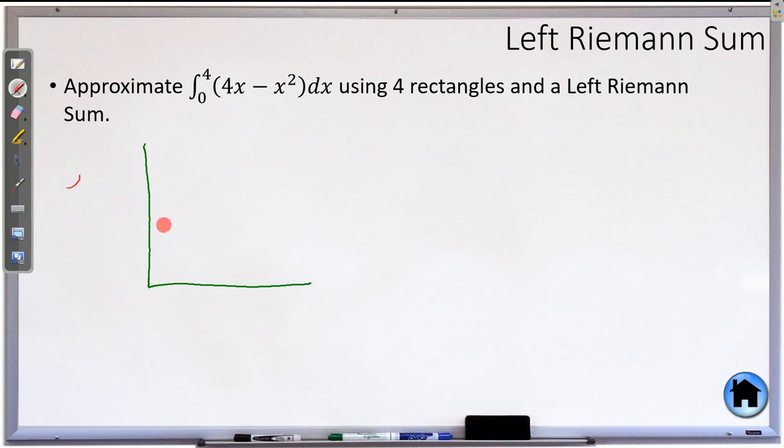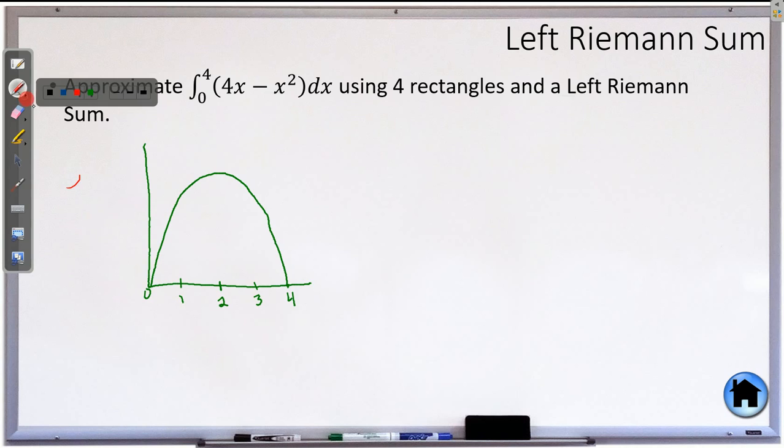So 4x minus x squared looks something like this. All right, and we're going to be going from 0, and it crosses the x-axis again at 4. 2 is, of course, in the middle at the very top, and you have 1 and 3. You can check that on your calculator if you like.